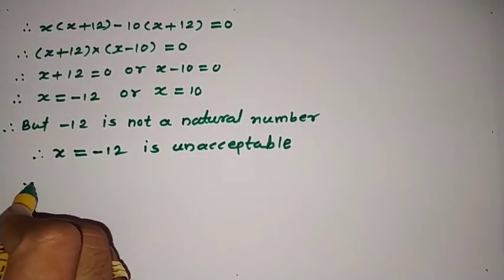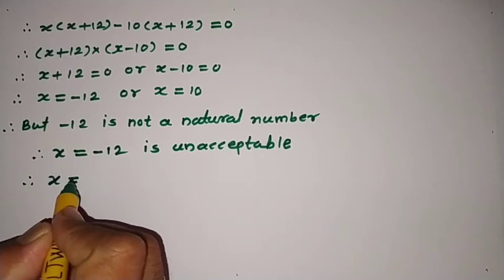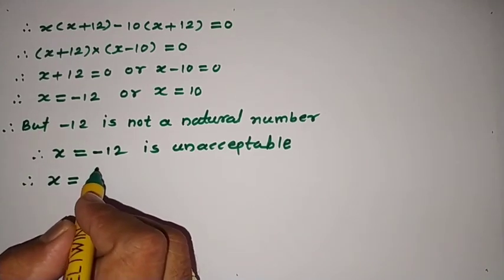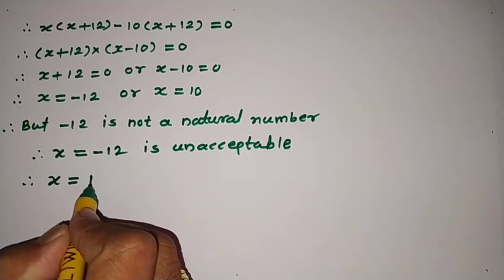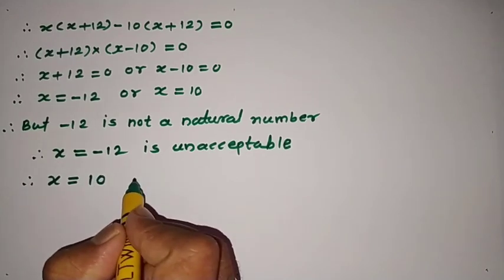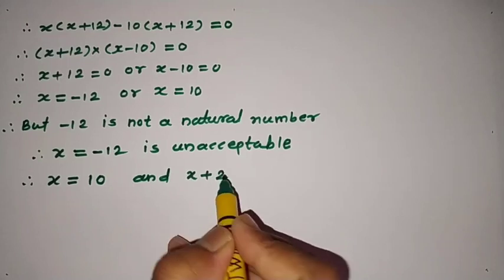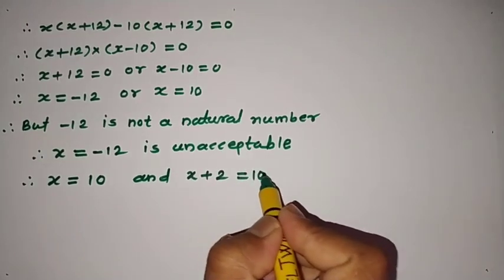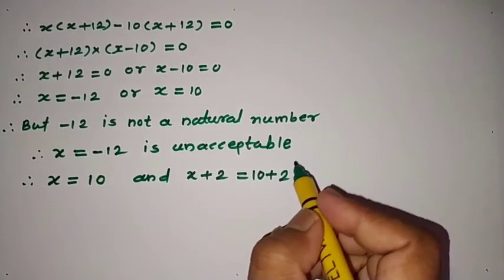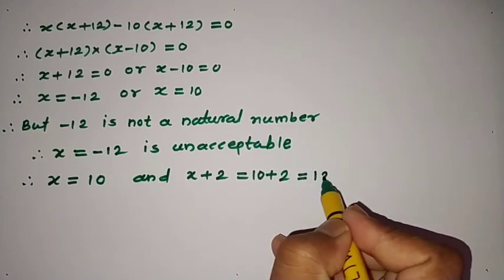Therefore x is equal to 10, and x plus 2 is equal to 10 plus 2, is equal to 12.